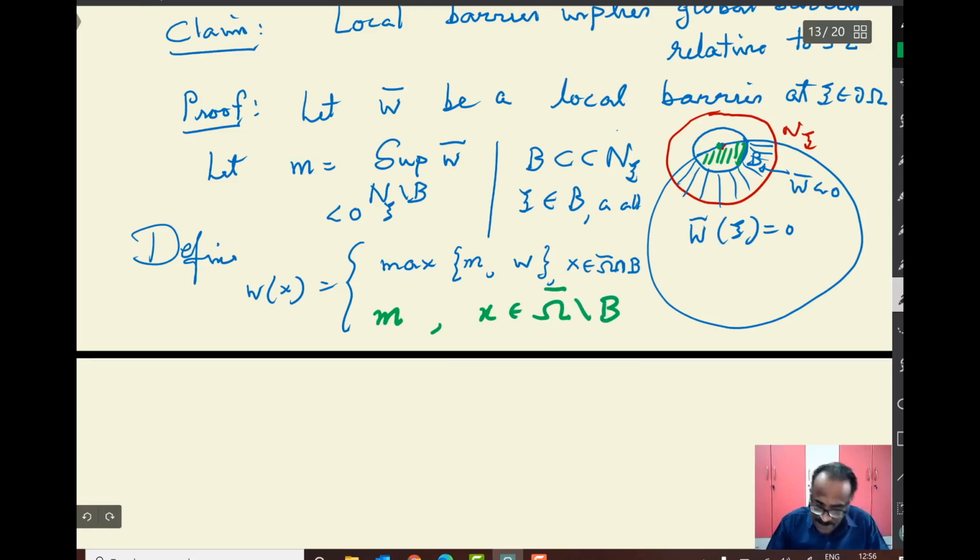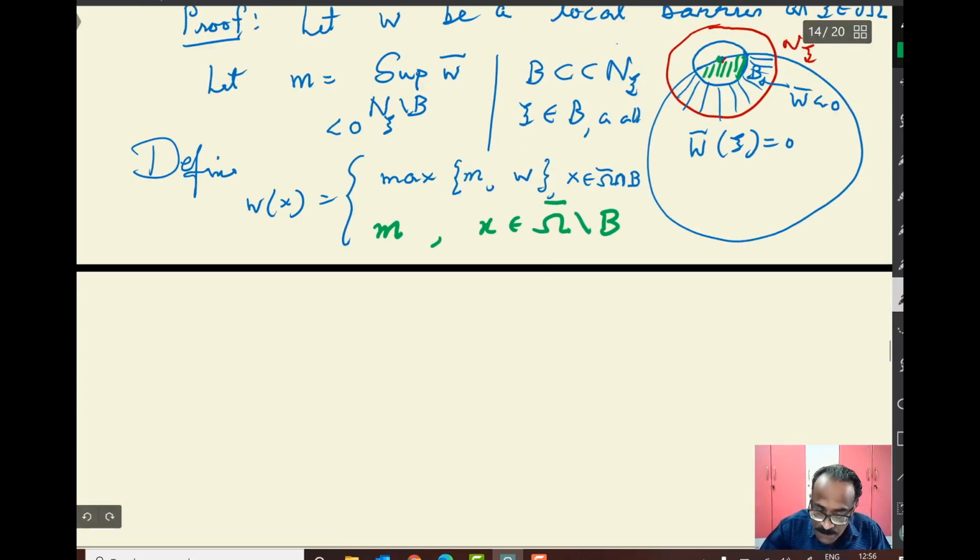So I can extend this function as a continuous function by taking the maximum, and defining it this way, I will retain W as a negative function, and you also get that it is subharmonic.